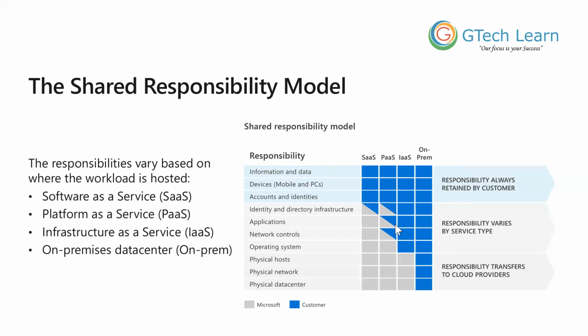Now there is another model which is defense in depth. In the defense in depth model, there are seven layers which provide layered security to your data.